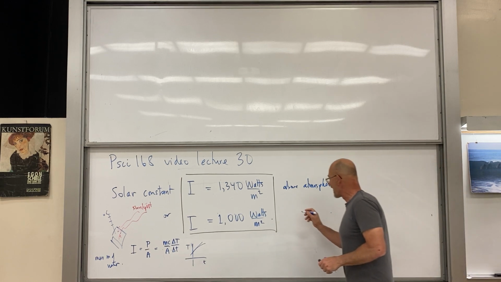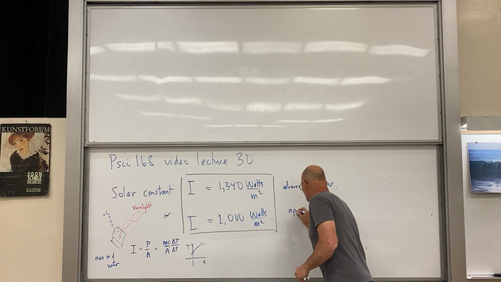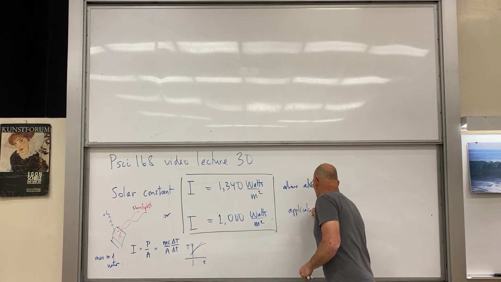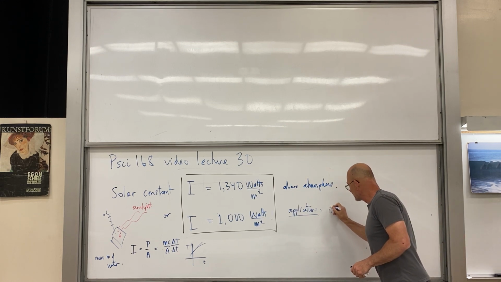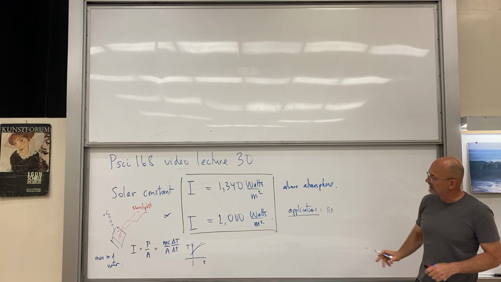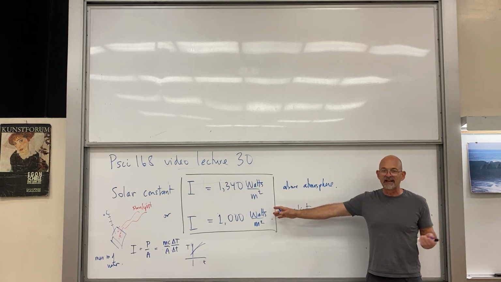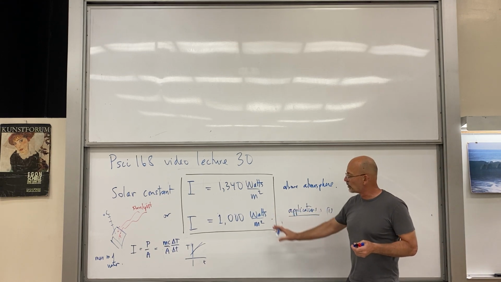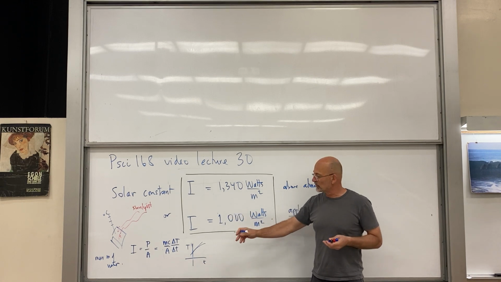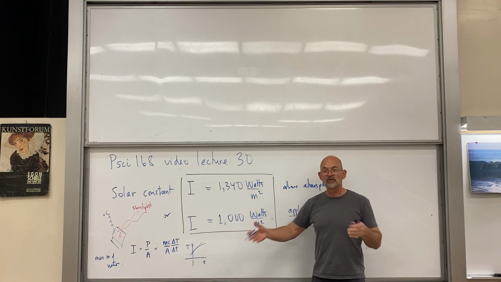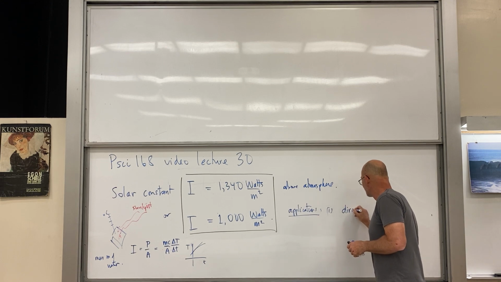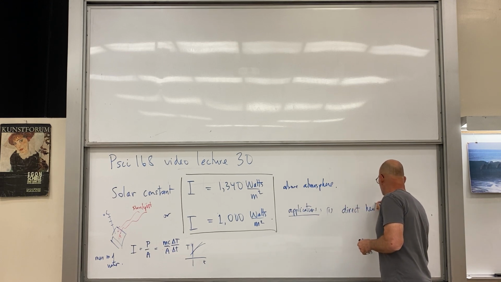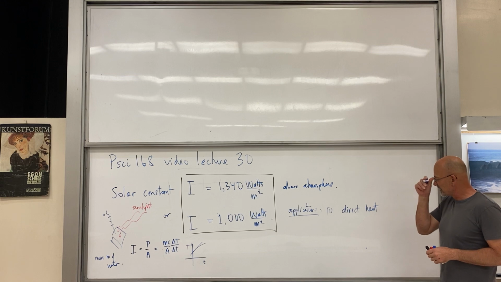So, applications now. For solar energy, we can just stand out in the sun and get warmed. We can just put water out in the sun and warm it. In other words, solar energy can just be used for direct heat. So direct heat is one application.